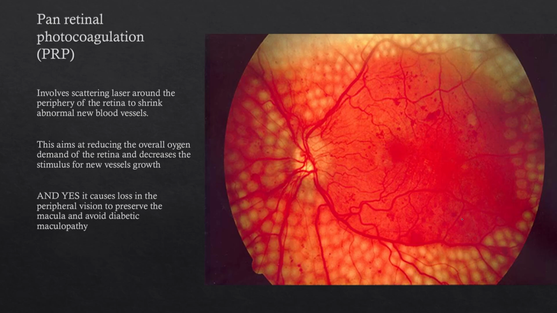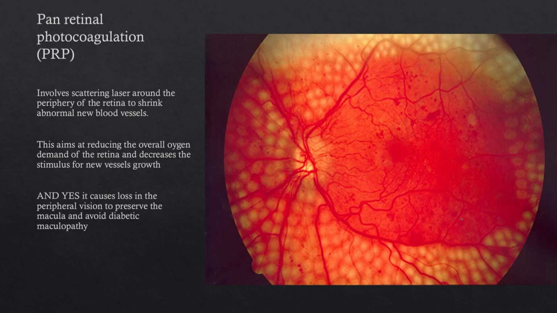Now, if we kill the periphery of the retina, this leaves a smaller part of the retina. This means less oxygen demand. So now that we have less oxygen demand, we can meet this demand and there will be less VEGF secreted because the ischemia would decrease, right? So this is what we do.